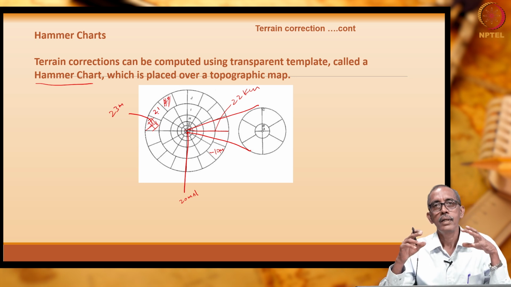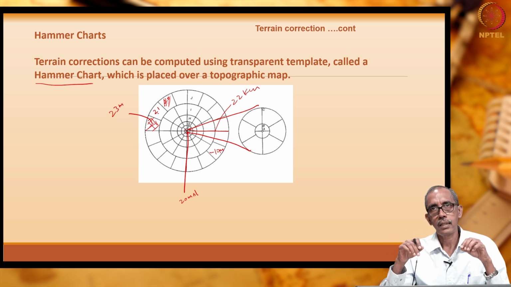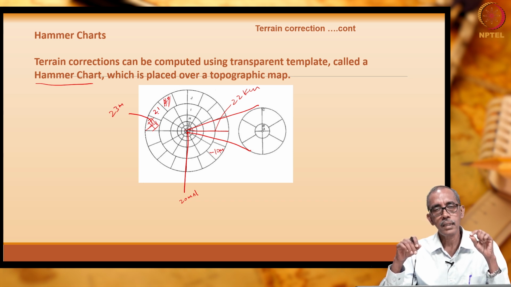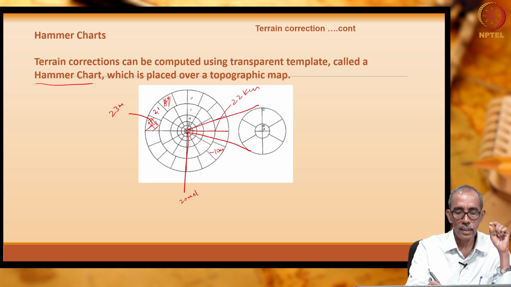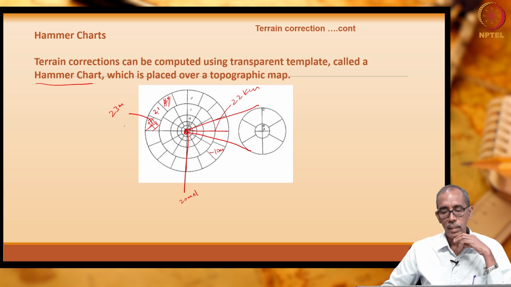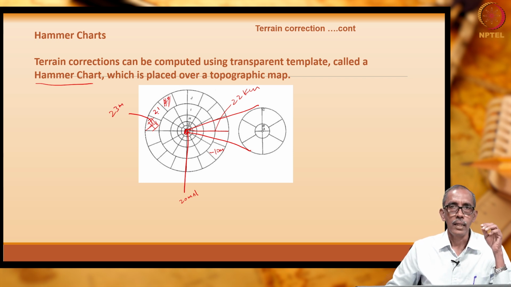This is how we determine the average of each sector, and we also need to know the approximate average density of the rocks beneath that. By taking into account the density and the elevation difference from our station, which is at the center, to these sectors, we arrive at the elevation correction.